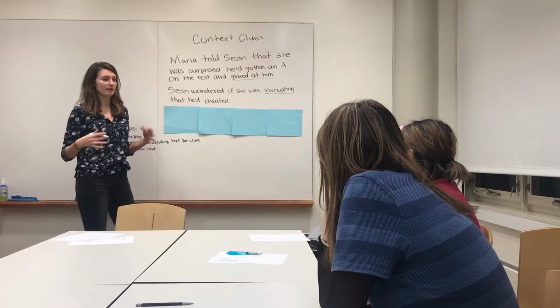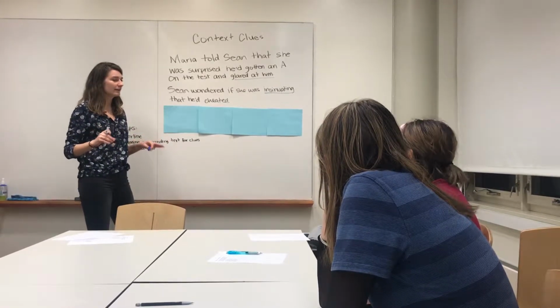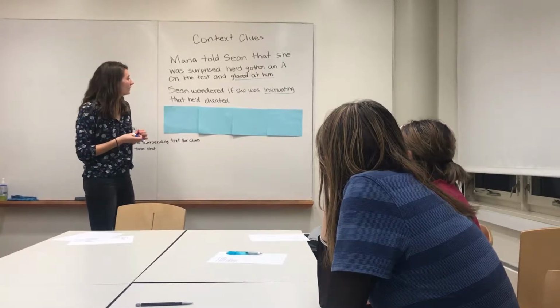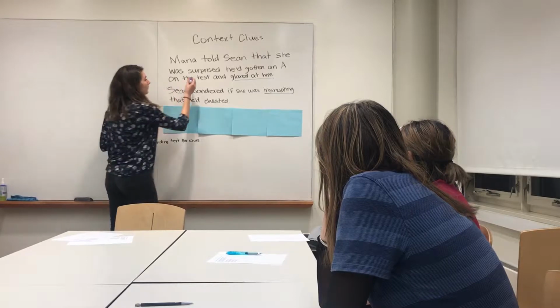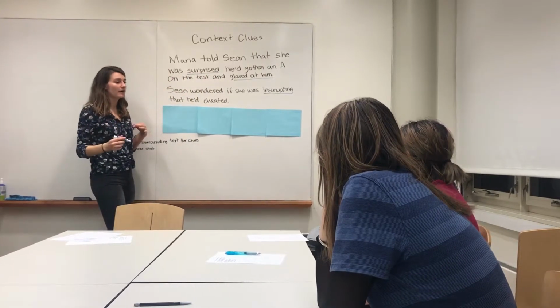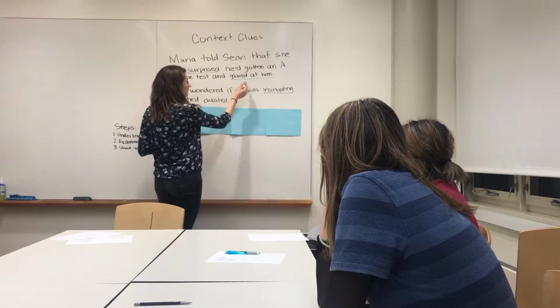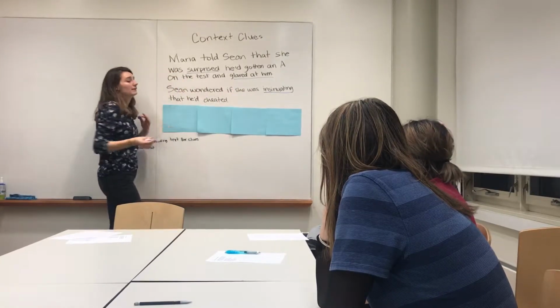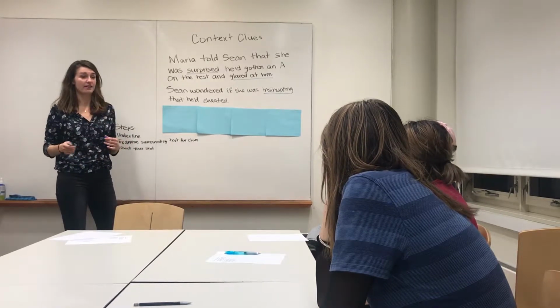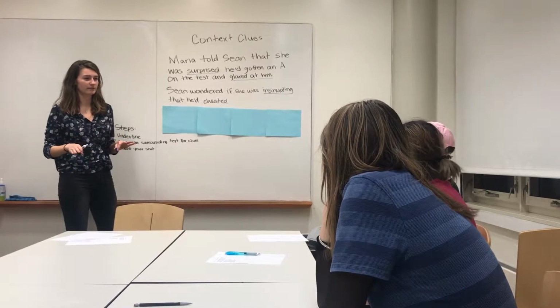It's going to kind of help you flesh out what it's supposed to feel like in a way, which is kind of weird to say about a word, but you know. And then we also have that she was surprised, which doesn't really give us a lot of context on its own, but when we pair it with this glared at him, then we get more of a negative feeling that we're getting from Maria, right? Does that make sense? Any questions?